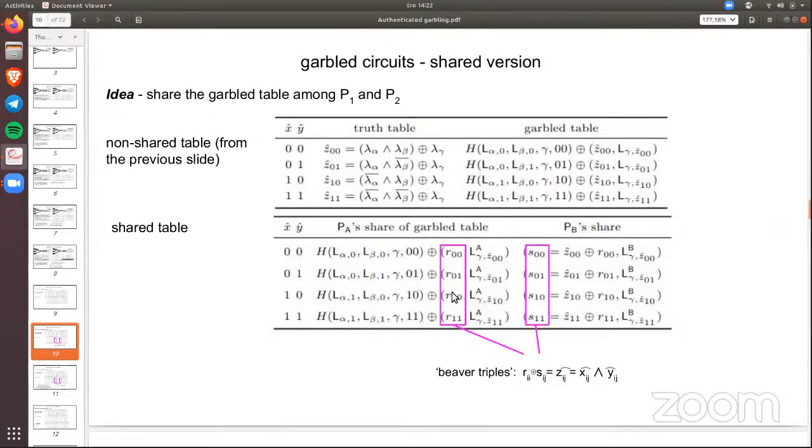So instead of the actual output, we have the output shared between two parties. How it will work now is that there will be some additional protocol after which the parties will end up having shares of the garbled table. Then PA will add its own parts and send its share to the evaluator.